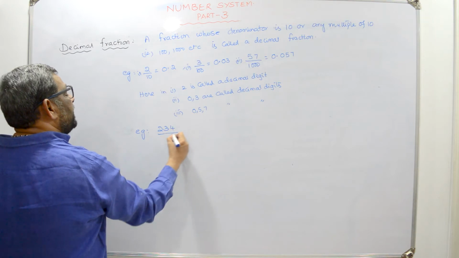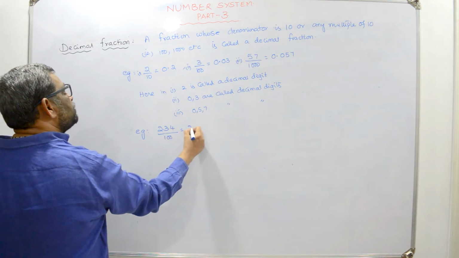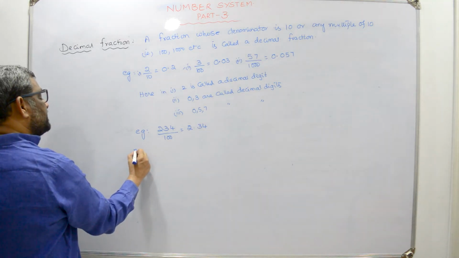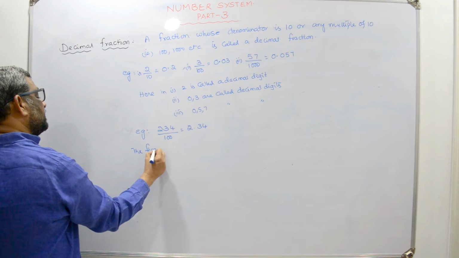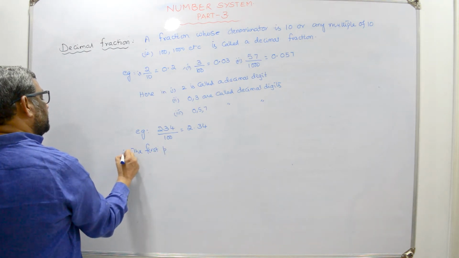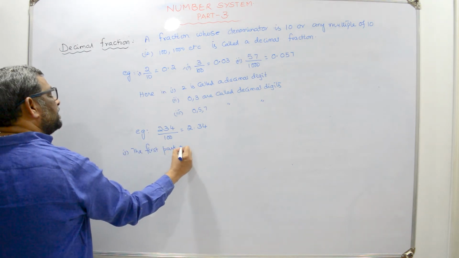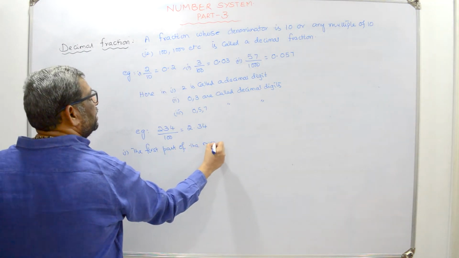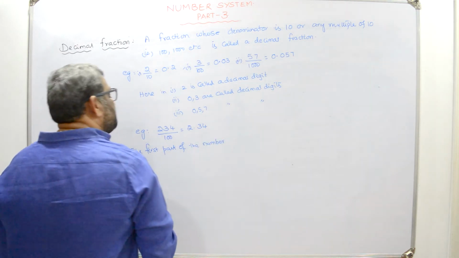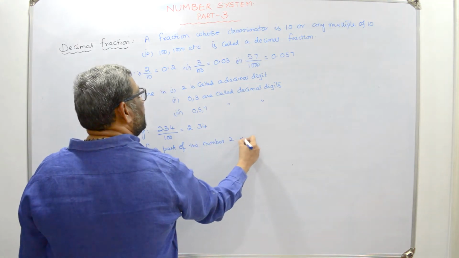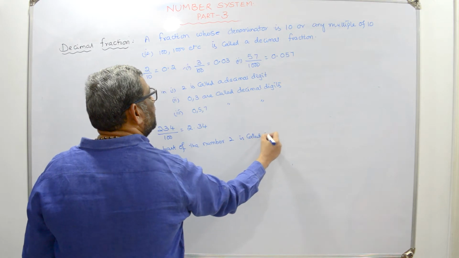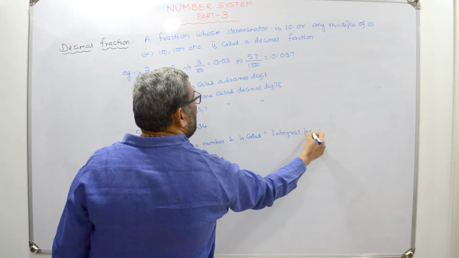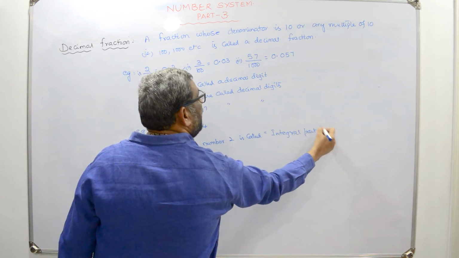234 by 100. This is 2.34. The first part of the number, 2, is called the integral part of the number.